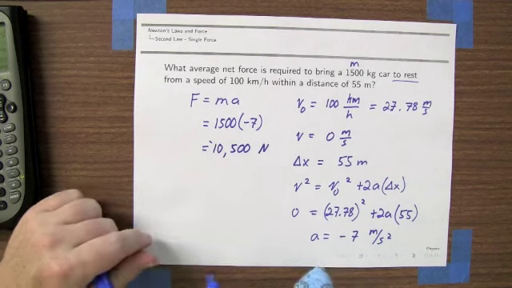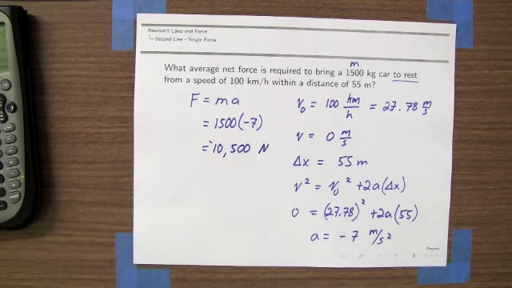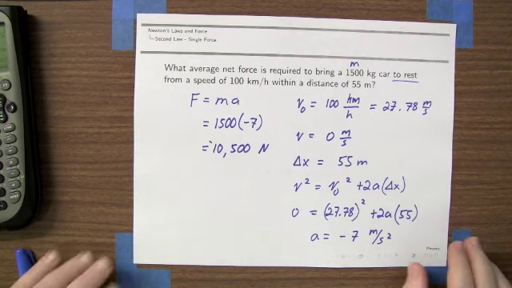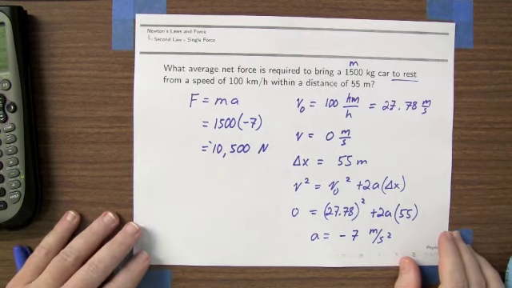And the negative sign in this case is telling us that the force is against the direction of motion. It's opposite the direction of motion. Which again makes sense because you're trying to stop the car, so you're pushing against it. That's the final answer.